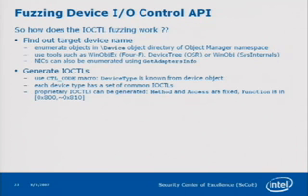The proprietary I/O control codes can be fairly easily, fairly cheaply generated. Method and access fields are almost fixed. They have 1, 2, or sometimes, very rarely, 3 values. Function is within the range of 800 and above. Below 800 is reserved by Microsoft.